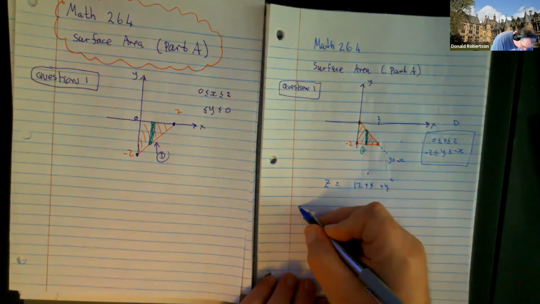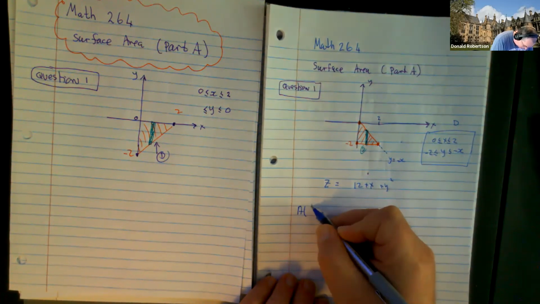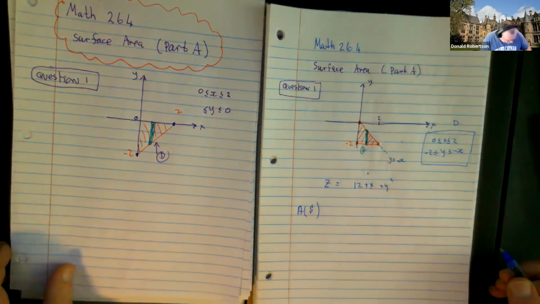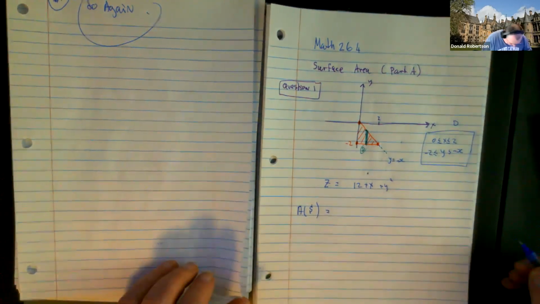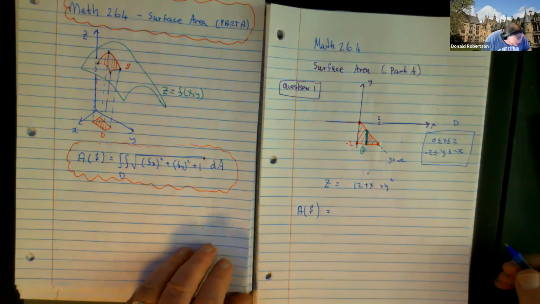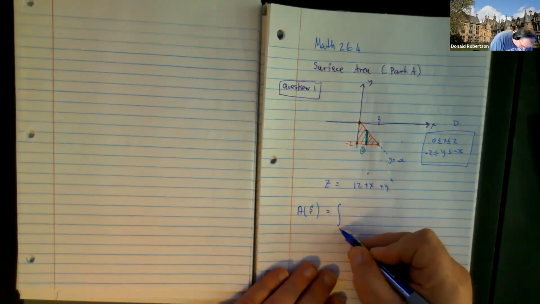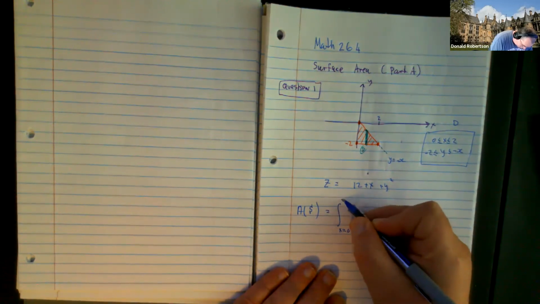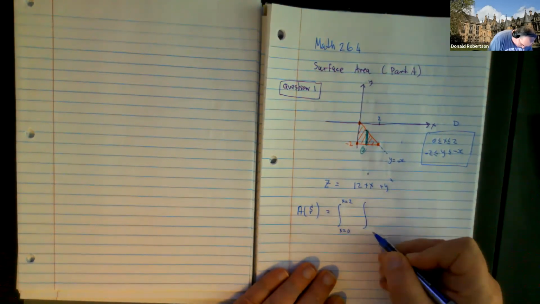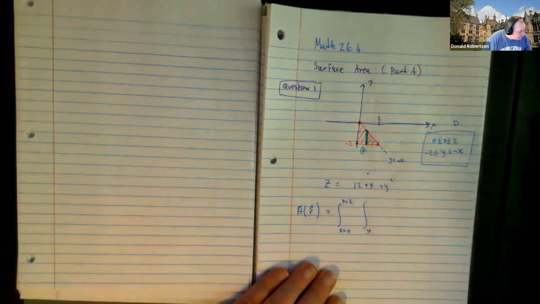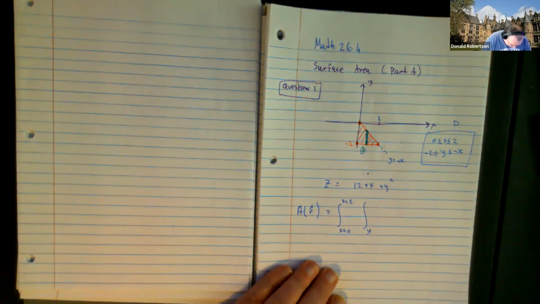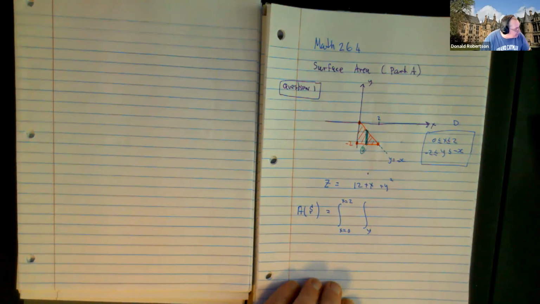And the area of the surface then is going to be the integral from x equals 0 to x equals 2, the integral from y equals -2 to that guy. So -2 is the small one.